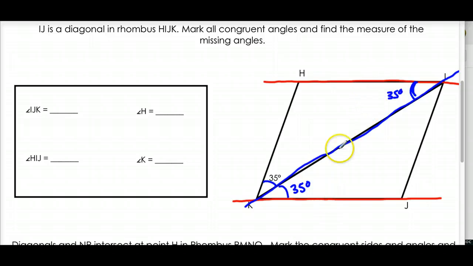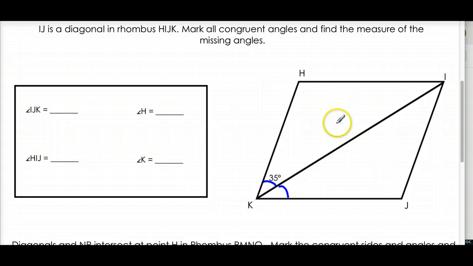They're on the inside of these parallel lines and on alternate sides. And once again, because the diagonal bisects the angle into two congruent angles, that's also 35. Now let's get rid of all this extra jazz and fill those angles in. So these are all 35 degrees.